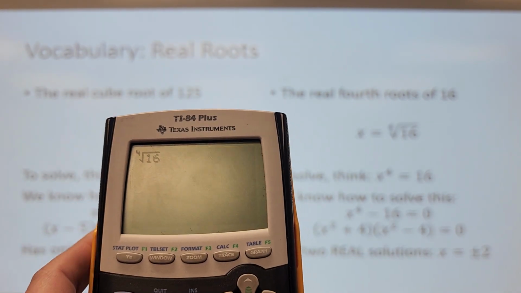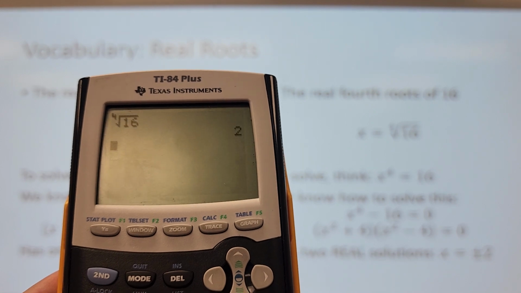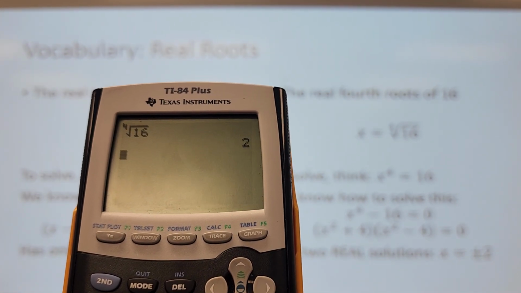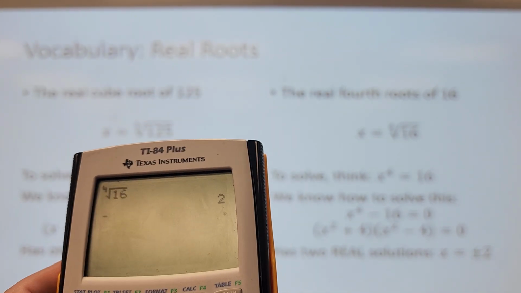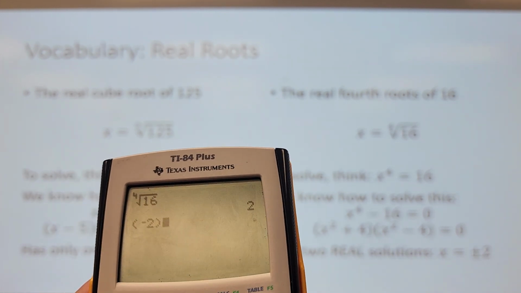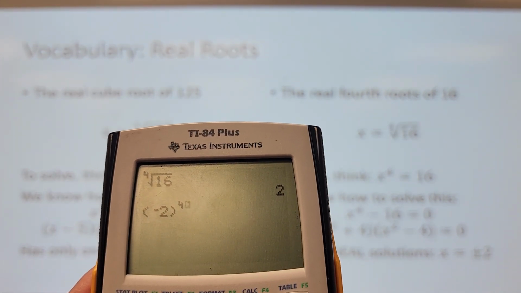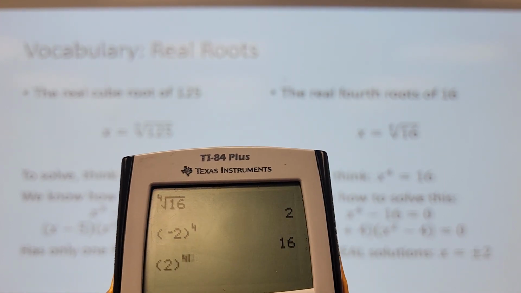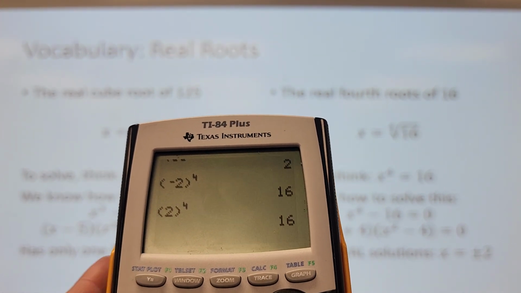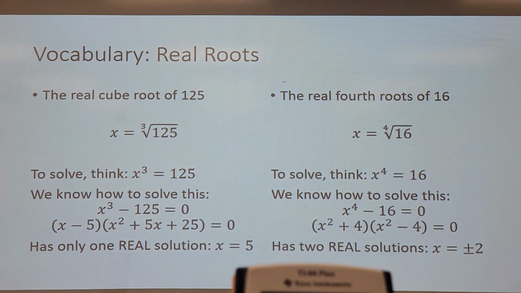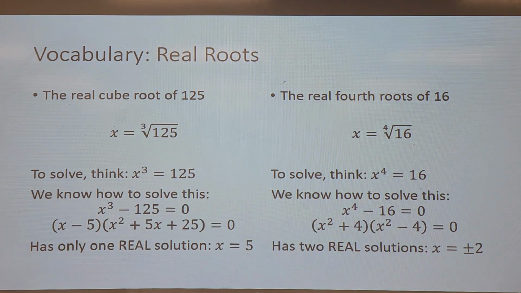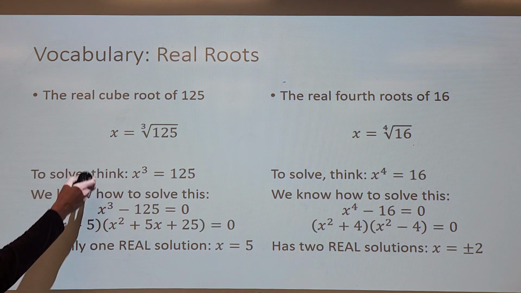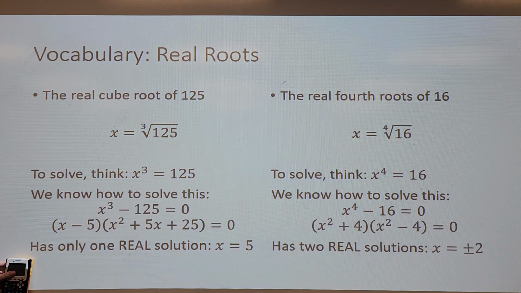It's only going to give us the principal root, which we're going to talk about in a little bit. It's going to give us 2. But we know that negative 2 to the fourth power is going to give us positive 16, and positive 2 to the fourth power is also going to give us 16. So there are two real fourth roots for 16, but there's only one real cube root of 125, all right?